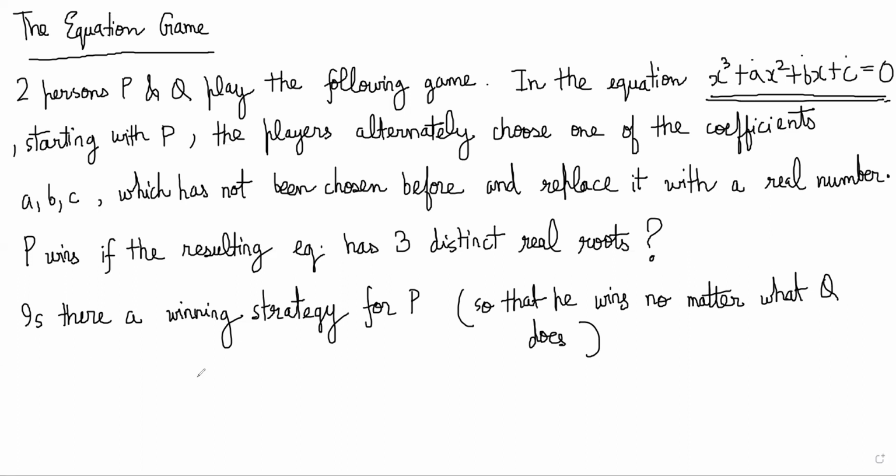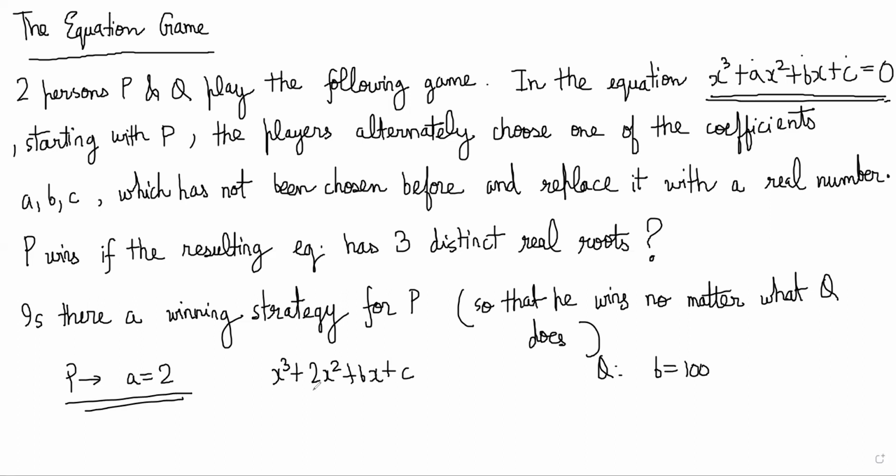For example, I will show you how the game works. So P can decide A is equal to 2, right? So that means the equation has become x cubed plus 2x squared plus bx plus c. That was P's first turn. And then Q wants to ensure that the equation doesn't have three distinct real roots. So Q can decide B is equal to 100, maybe make it very positive.